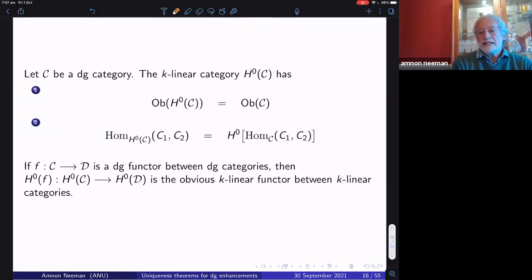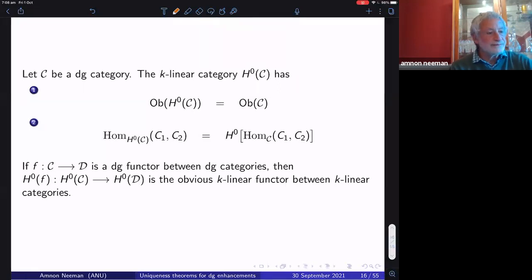So whereas in the DG category, hom C1, C2 is a cochain complex, in the category H naught of C, it's just a K module. And composition is what you usually think of as composition. And a DG functor induces a K-linear functor between K-linear categories.